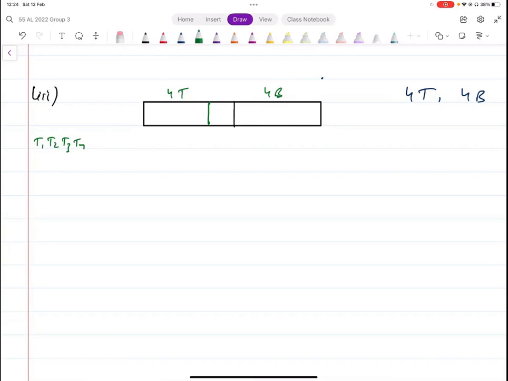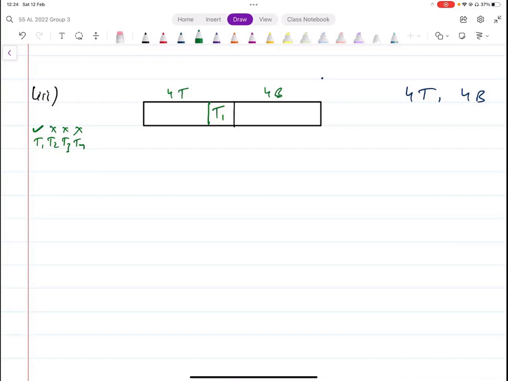Let's say these three do not want to stand next to a B, and T1 is okay with that. So this position has to be only T1. So this is fixed. Is that okay? Any problem with this?